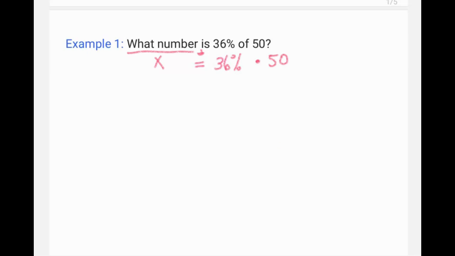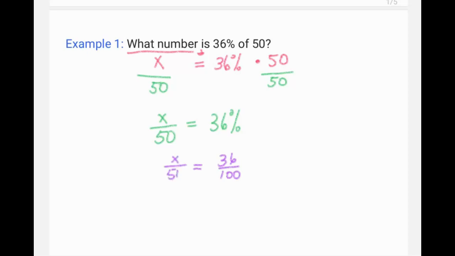We will have to bring the 50 over to the other side of the equal sign. It's currently times 50, so we're going to go ahead and divide by 50 on both sides. Now our equation looks like X over 50 is equal to 36%. 36% can be converted into a fraction of 36 over 100, and we have X over 50.